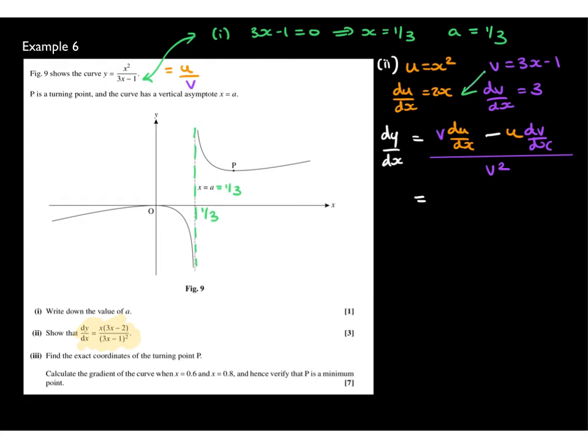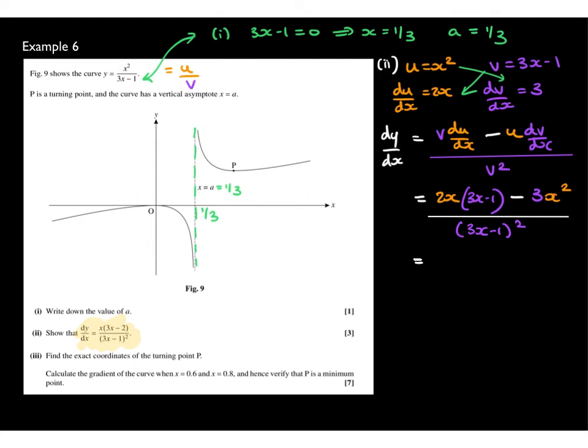First of all, we want 2x multiplied by 3x minus 1, subtract 3x squared, and then the whole thing needs to be over v squared, which means over 3x minus 1 all squared.